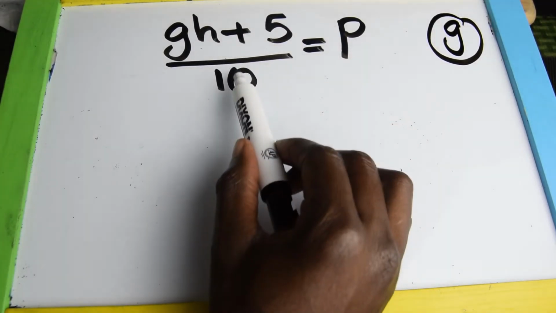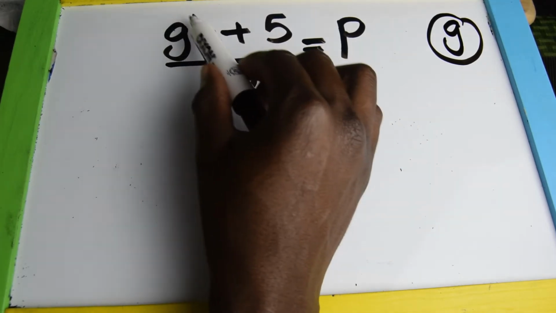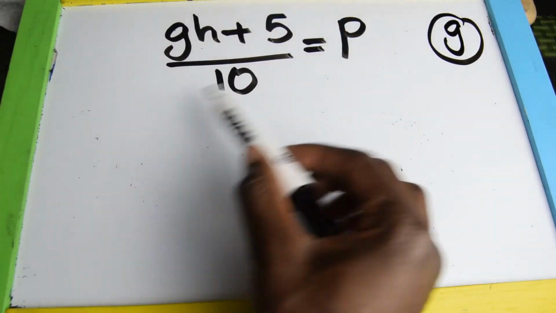It's divided by 10, it's added to 5, it's multiplied by H, so there's a lot of work to be done here.